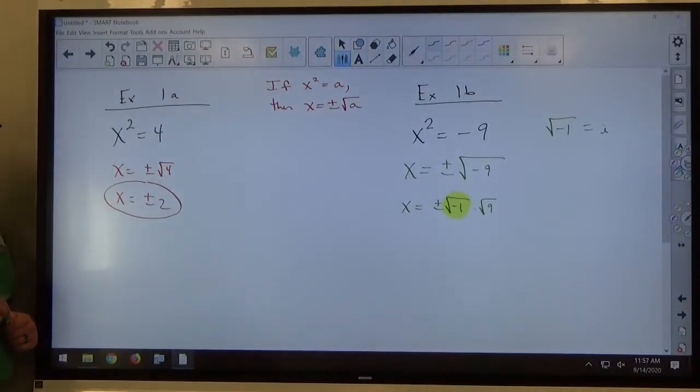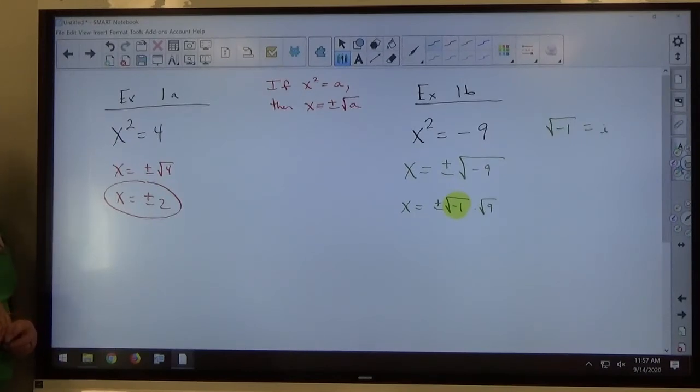The square root of negative 1 equals i. I simply need you guys to believe that. I promise I'm not lying. That's what it equals. Now, i is not real. It's imaginary. It's made up. It doesn't exist. But I've invented this letter i so that if I multiply i times itself, I get negative 1.